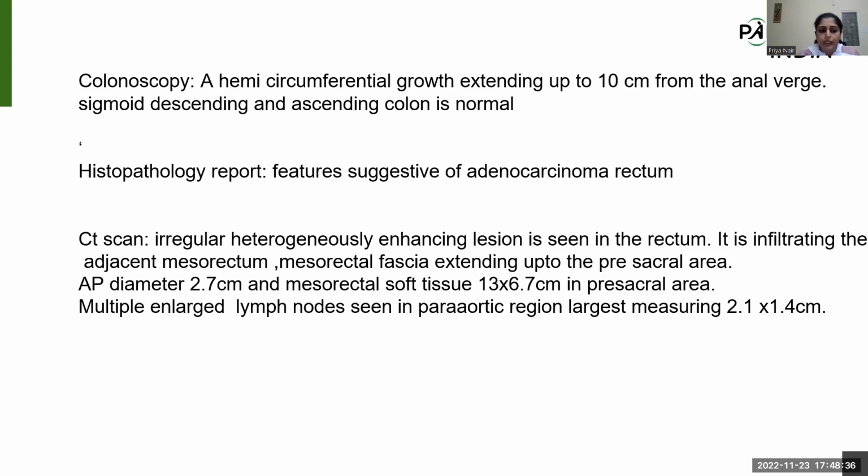It is infiltrating the adjacent mesorectum, mesorectal fascia, and extending up to the presacral area. The anteroposterior diameter was 2.7 centimeters, and mesorectal soft tissue extension was 13 into 6.7 centimeters in the presacral area. There were multiple enlarged lymph nodes seen in the para-aortic region, the largest measuring 2.1 into 1.4 centimeters.